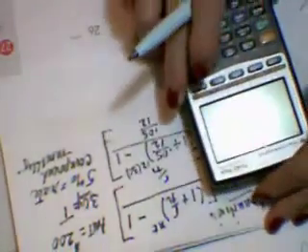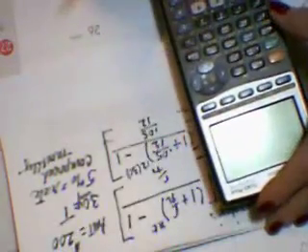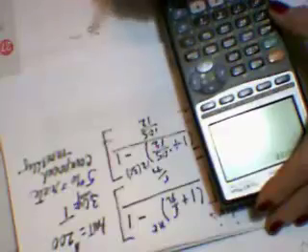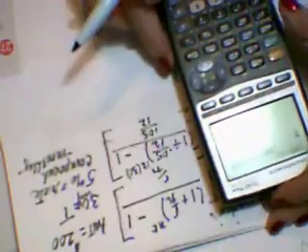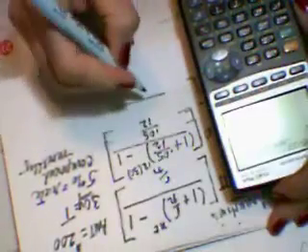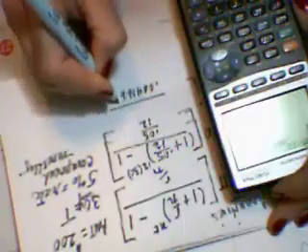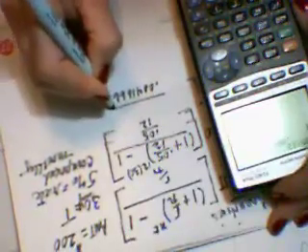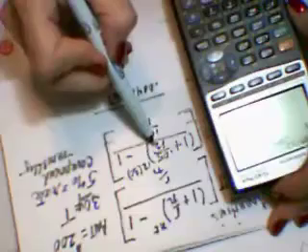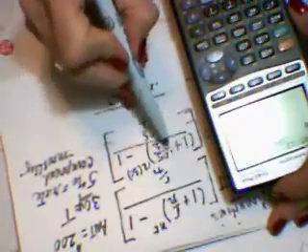So I'll take 0.05 divided by 12. Now I can put that on the denominator. And I can also add that to 1. So that gives me this sum.